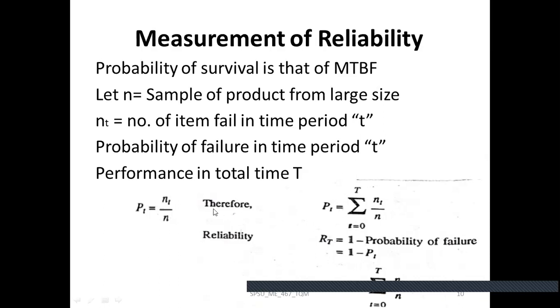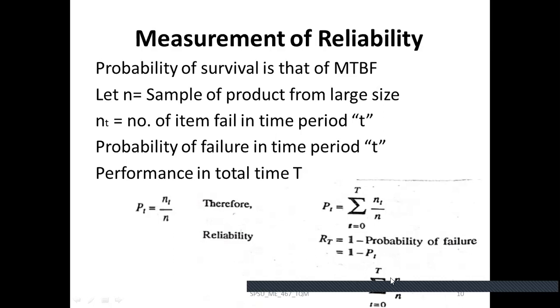For the performance over the total time period, it is the summation of Nt upon N, and the reliability can be calculated by 1 minus the probability of the failure.